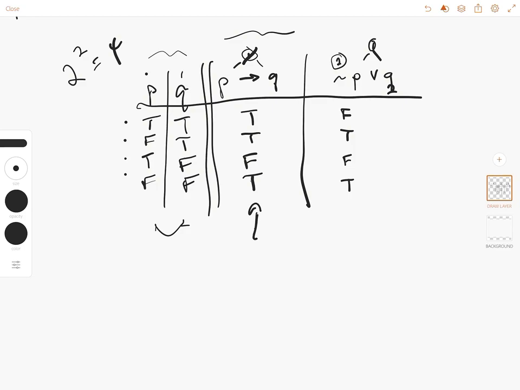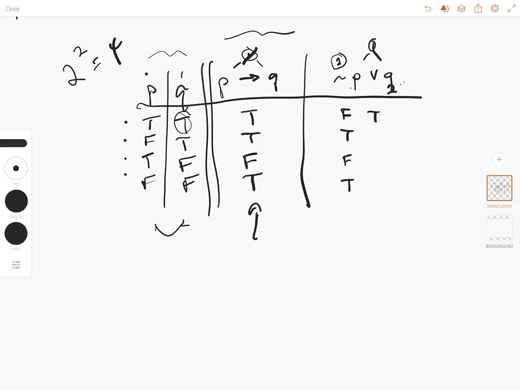Now what we need to do is give the value of the level 2 operator, not P, on one side, and the value of Q for each row on the other side to this OR, and that OR is going to give us an output. For the first row, not P is false, and when you look up Q over here, it's true. So false or true yields true.